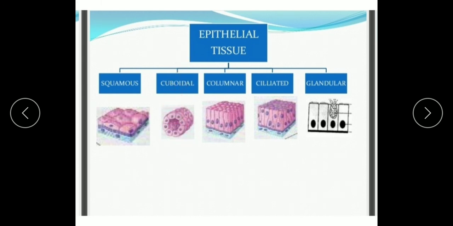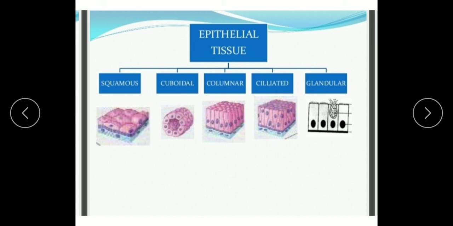Columnar epithelium has large elongated cells with the nucleus found in the basal region of the cells. It is connected to the basement membrane. The major functions of the columnar epithelium are absorption and protection. The columnar cells having cilia are called ciliated epithelium.